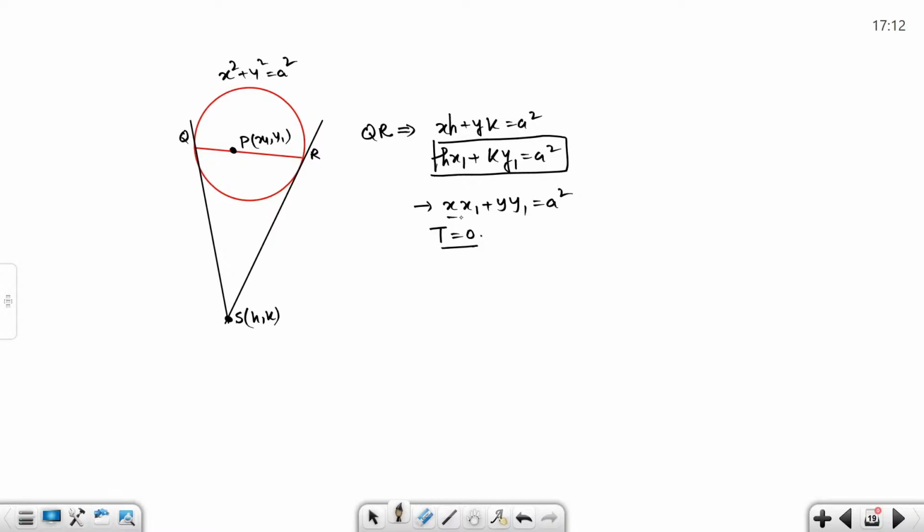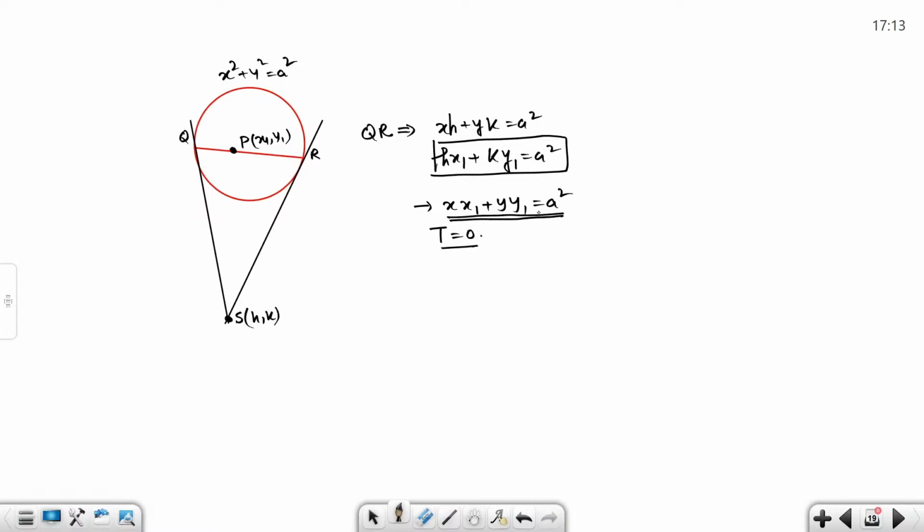But this line, don't say it incorrectly that this is the equation of the chord of contact. No, because the point x1, y1 is on the chord of contact. The equation of chord of contact is when the point is outside the circle. From there, if you draw two tangents, then the equation of the chord becomes the same thing.